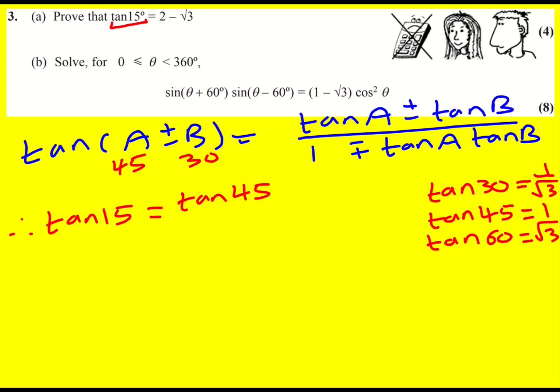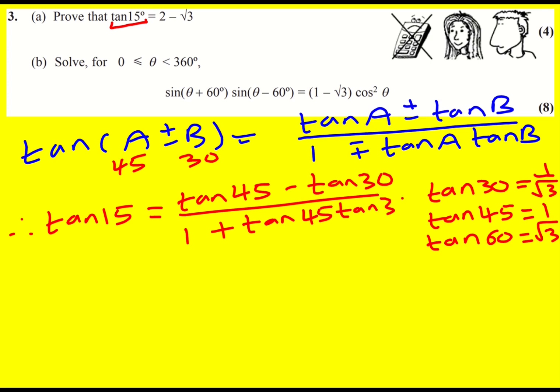Remember, because we're using the minus, it's going to be a minus here. But then it's a plus here. And we've got everything we need.